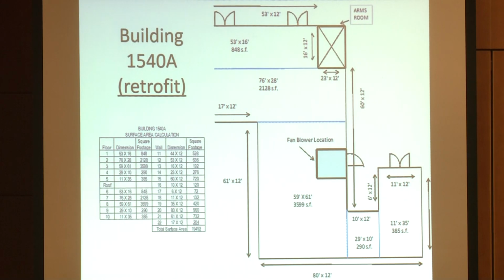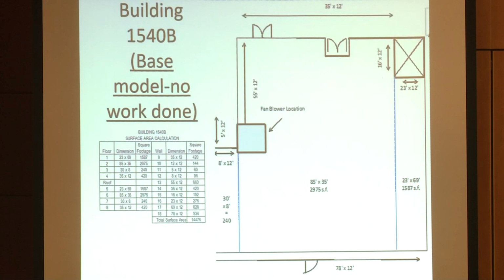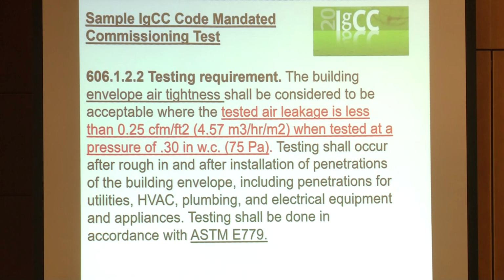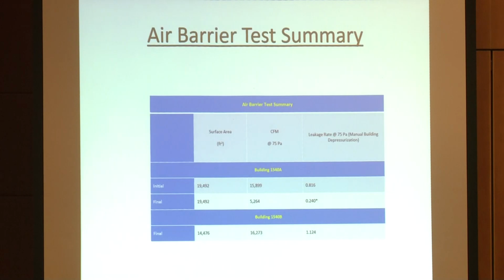And then we took this building, 1540A, which was the retrofit building, and compared it to the building next door, 1540B. The standard we were using at the time is we need to make sure that the air leakage is less than 0.25 CFM per square foot when we test it at a pressure of 0.3 inches water column, or 75 pascals. That was typically the standard back then, about 15 years ago.